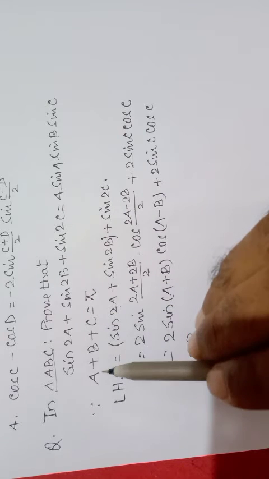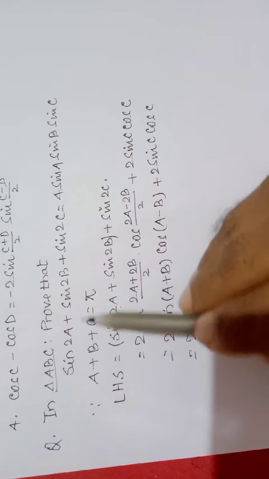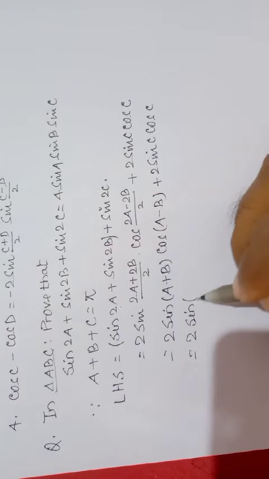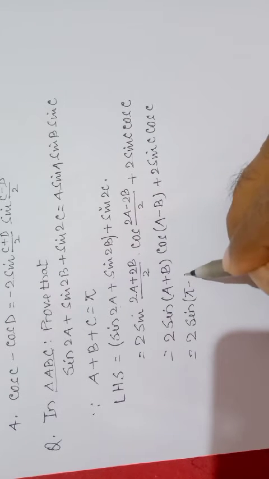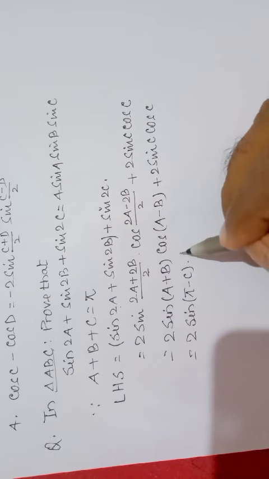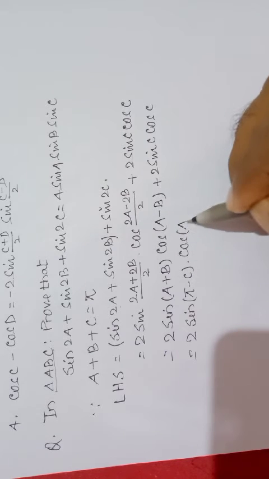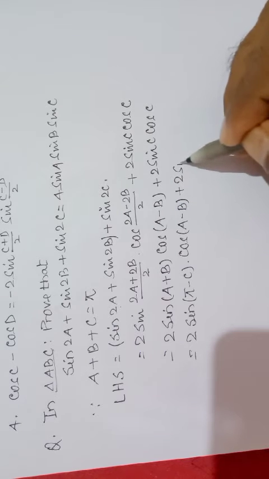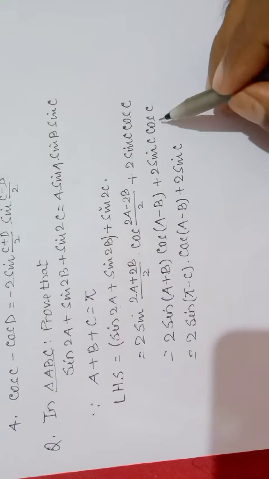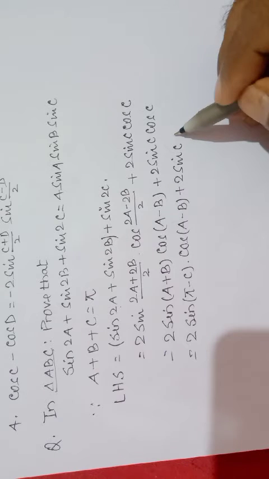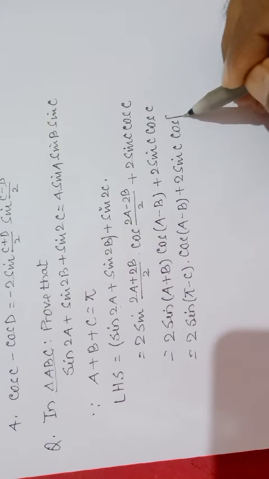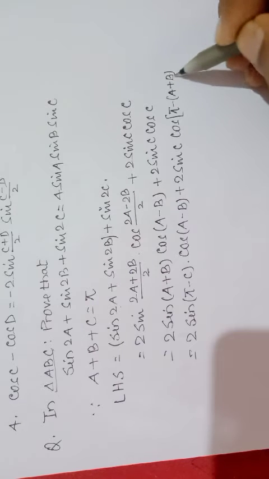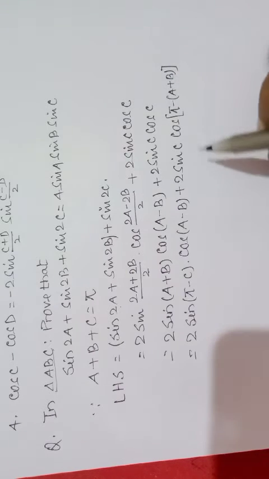So A plus B should be written as pi minus C. So here we write sin (pi minus C) instead of sin (A plus B), into cos (A minus B), plus 2 sin C. Now I write cos C as cos of pi minus (A plus B).